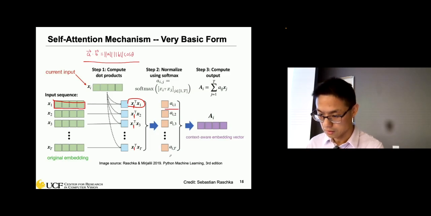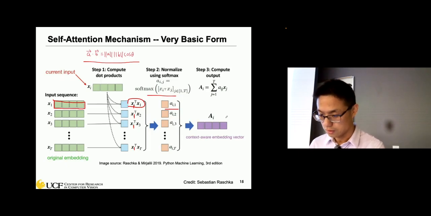You get ai1 to aiT, okay? So that's basically the weights. Of course, you want to apply a softmax to scale it, and then you multiply that with the original. So ai1 multiplies with x1, ai2 multiplies with x2, and so on.